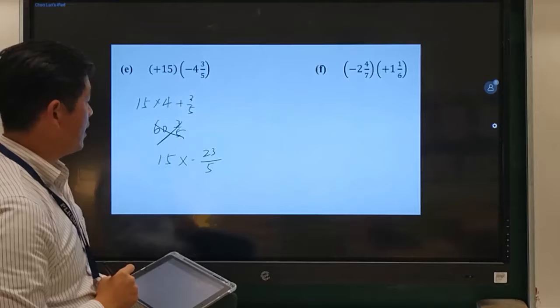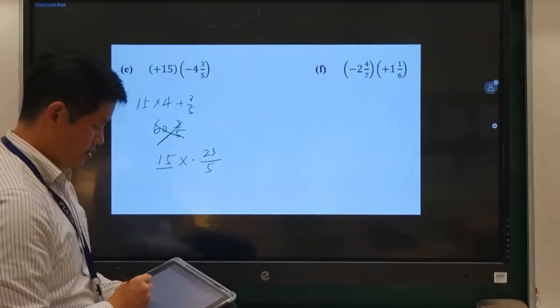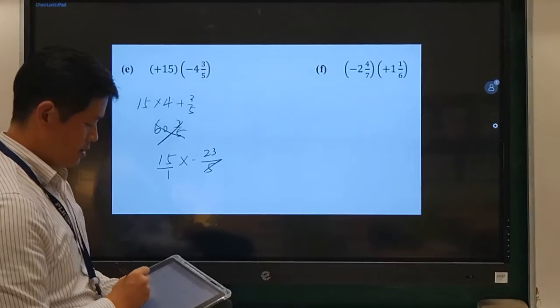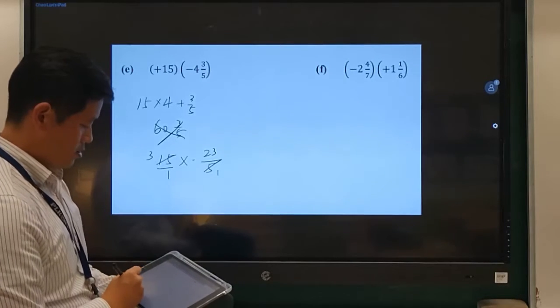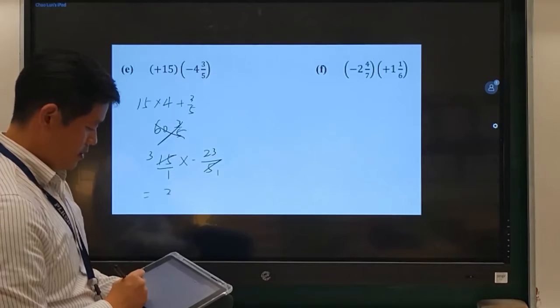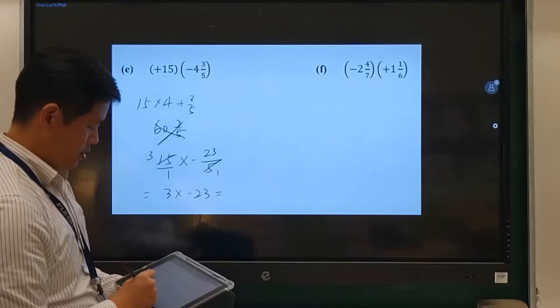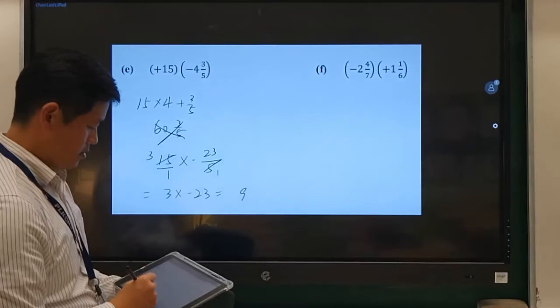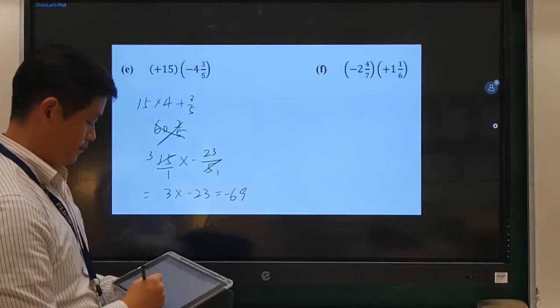Negative 23 over 5. So now I could change the 15 into a fraction as well. Then I could do cross canceling. 5 goes in 1 time, 3 times. So therefore my answer is 3 times negative 23, which equals 3 times 3 is 9, 3 times 2 is 6, negative 69. Okay?